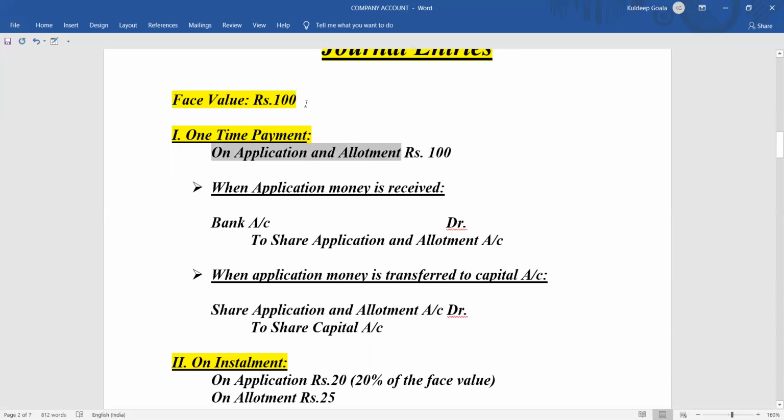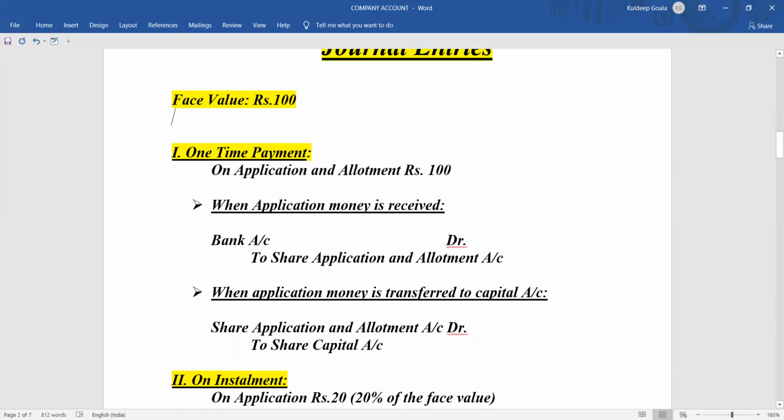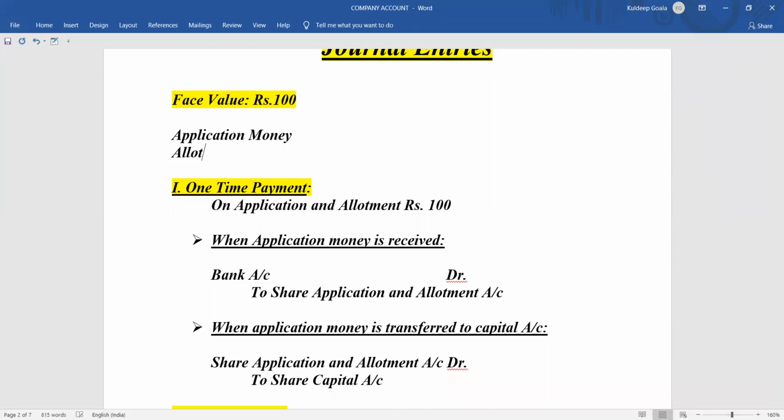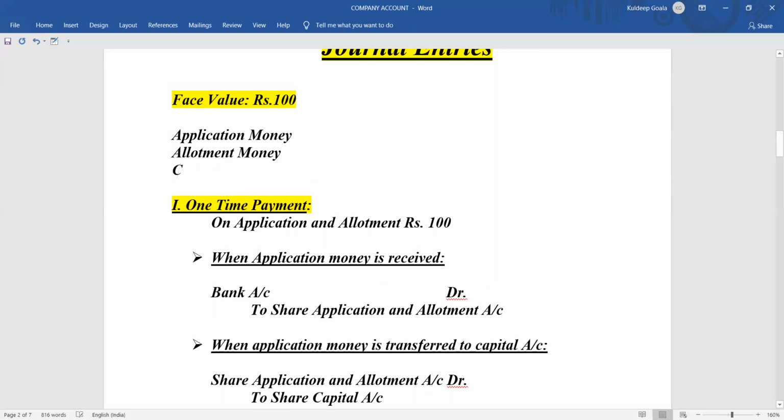Before that, let me give you a little bit of concept about application, allotment, and call. What is application money? Then next is allotment money. Then the last one is call money.